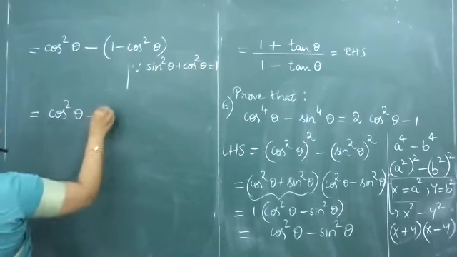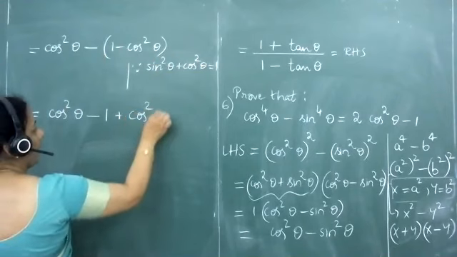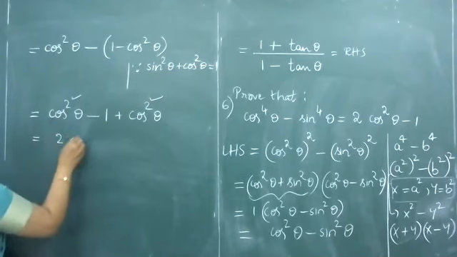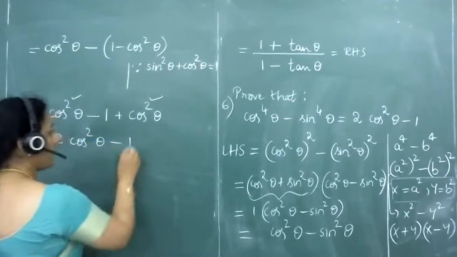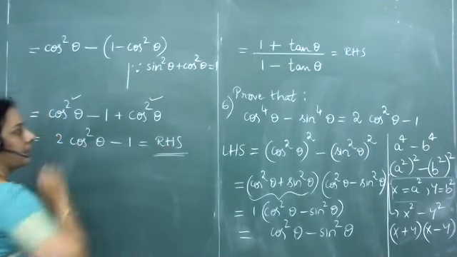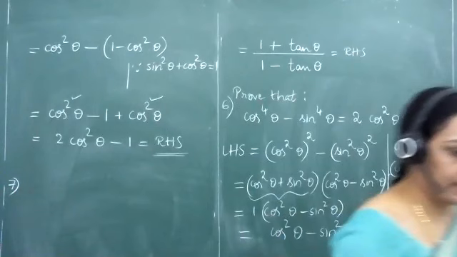Cos squared theta minus 1, minus into minus gets me a plus sign there, cos squared theta. We have got two like terms, cos squared theta plus cos squared theta, which is going to be equal to 2 cos squared theta minus 1. And thus we have the result with us. Required RHS is obtained to that end.